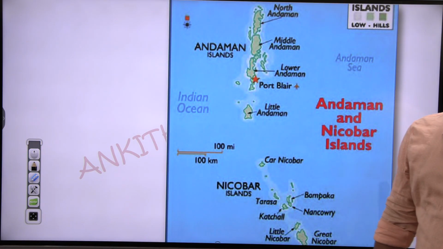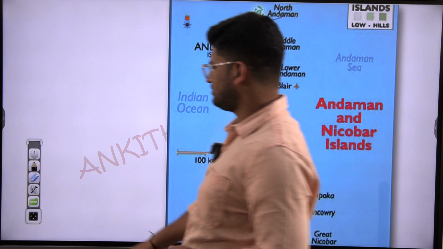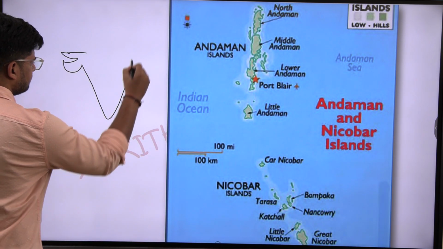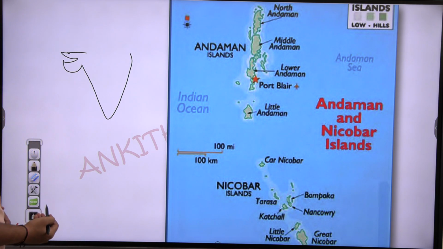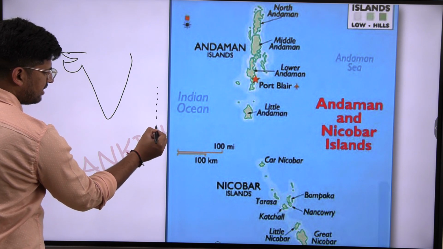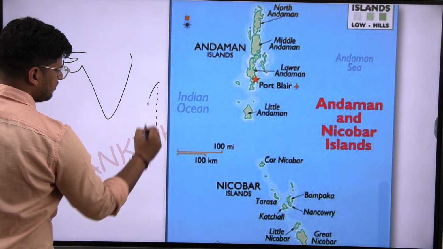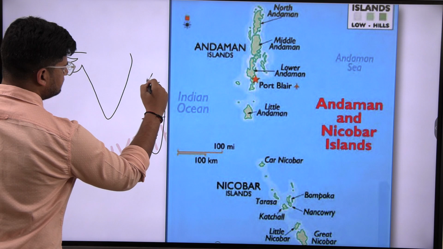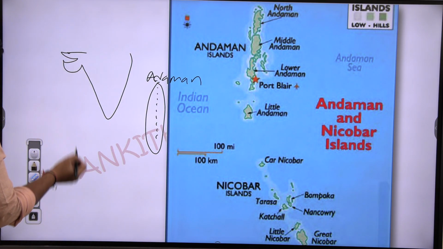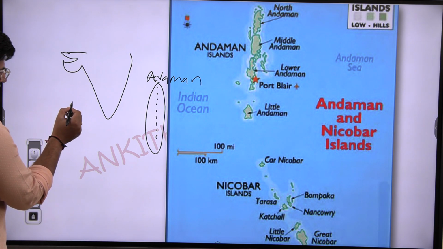So coming to the Indian island groups, we have two island groups in India, right? What are they? In the Bay of Bengal we have Andaman and Nicobar, and Lakshadweep in the Arabian Sea.